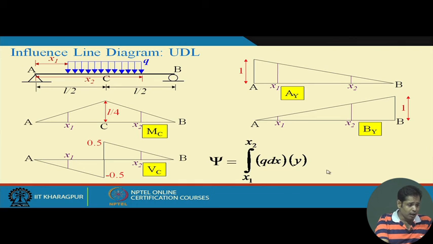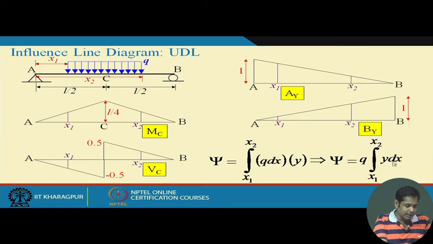The limit of integration is from x1 to x2. If q is not constant, you need to consider the variation of q here. But for this problem, since q is constant, we can take q outside the integral. What we are left with is the integration from x1 to x2 of y dx. I believe you are familiar with this term.